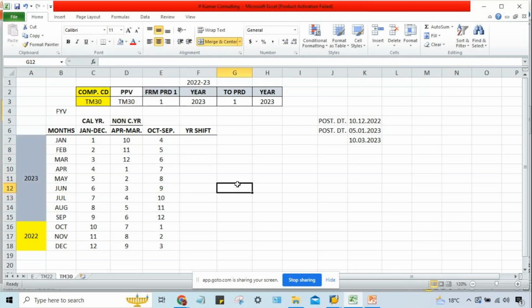Look at here. Now, what is the actual calendar year? 2022. We are in 2022, January to December.